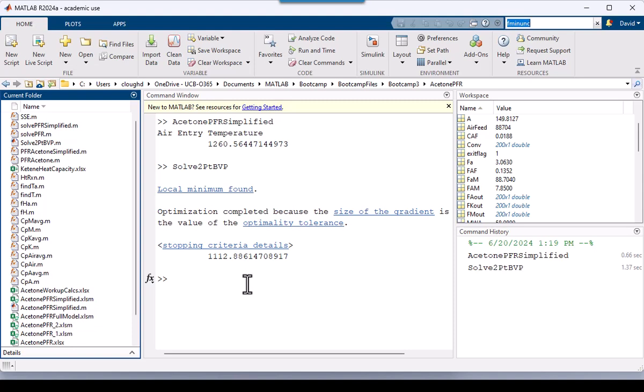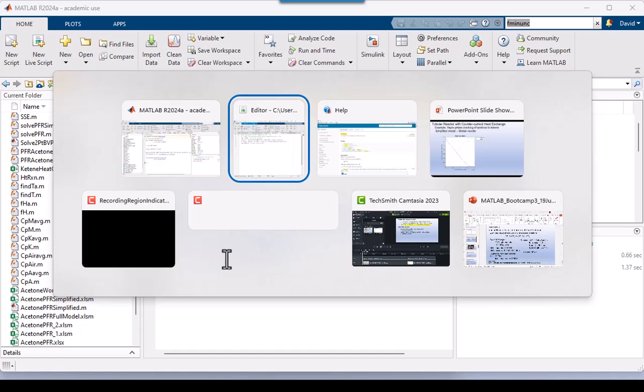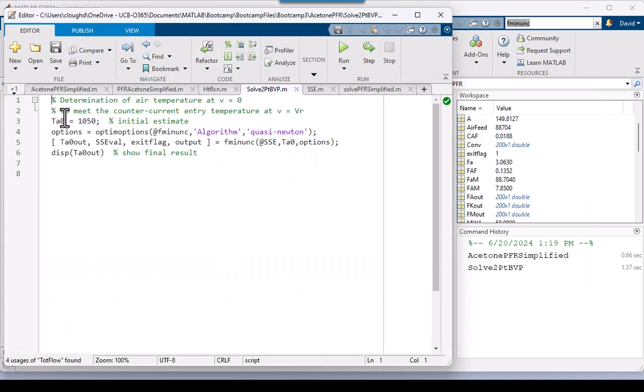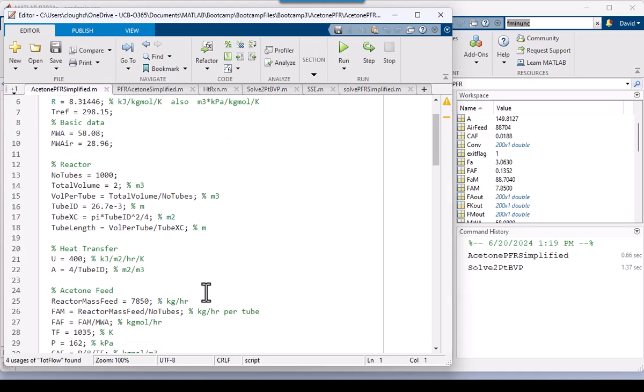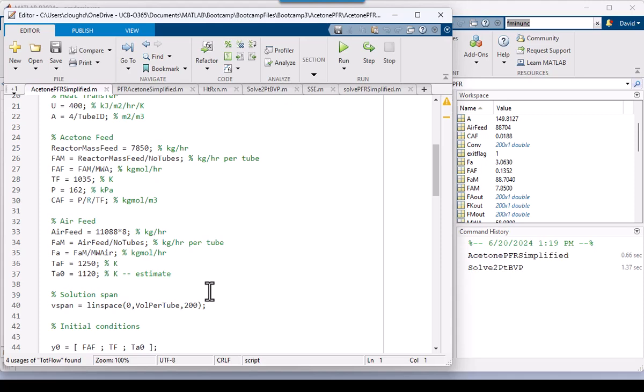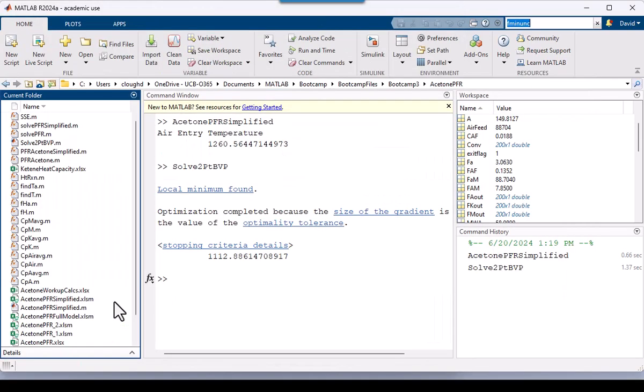So if we wanted to say, well, how does that show with our plots, we could come back and with our original simplified model, we could put an initial temperature here. What was that? 1112.9.